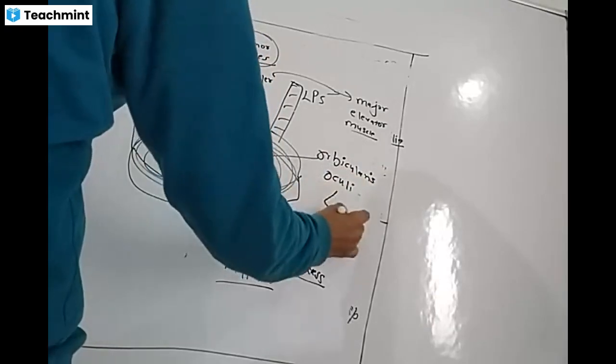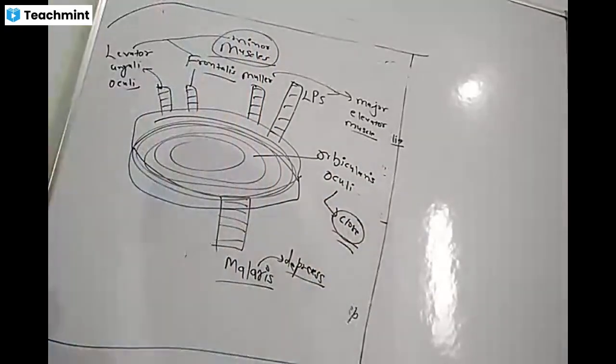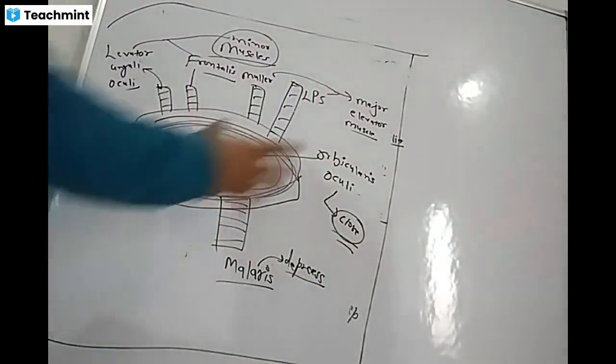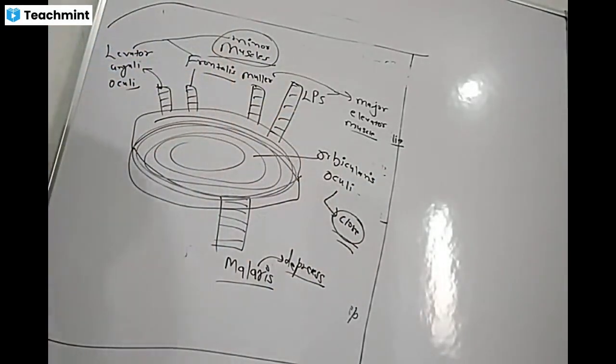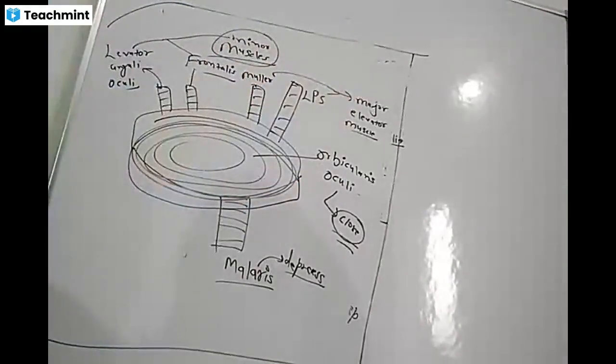The role is to close the eyelid. If this muscle contracts excessively, then there may be spasm of the muscle that may lead to spastic ectropion. So we'll see what that is in the ectropion topic.